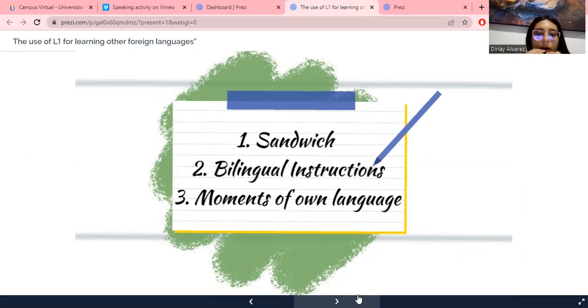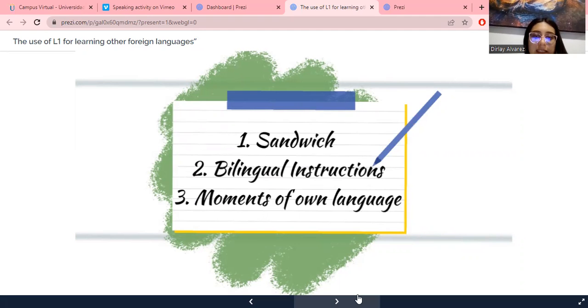This technique allows the students to understand the message being transmitted and internalize it in their L2 vocabulary. The second one is bilingual instruction, which consists of having cards available that allow the students to understand the words in their L1 and to gradually get to know them in L2.